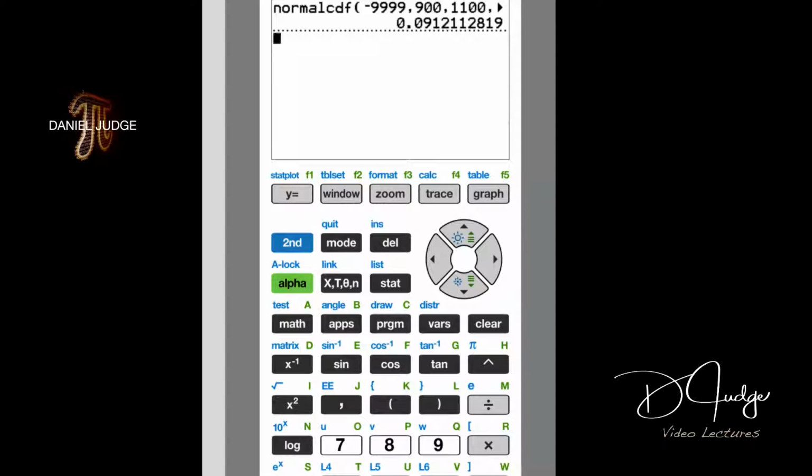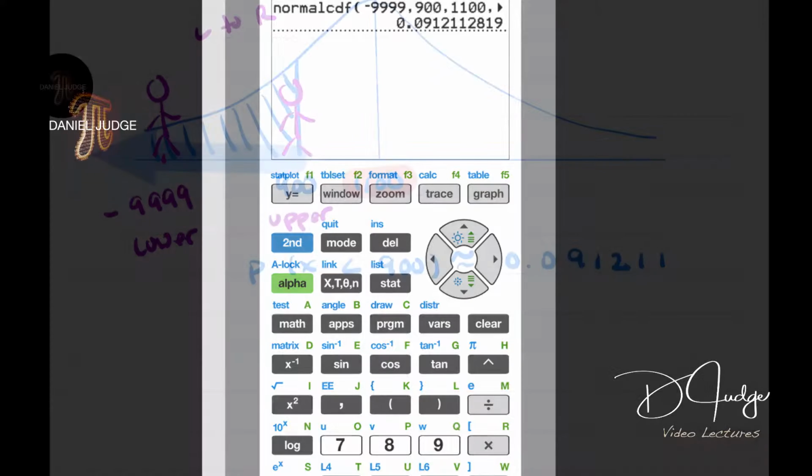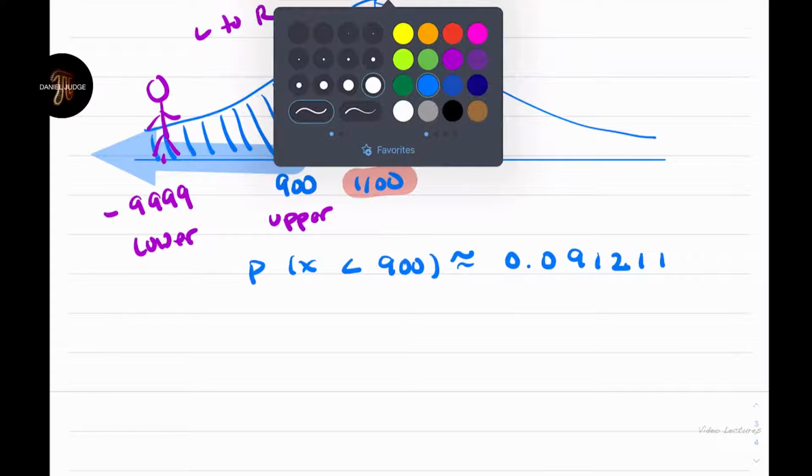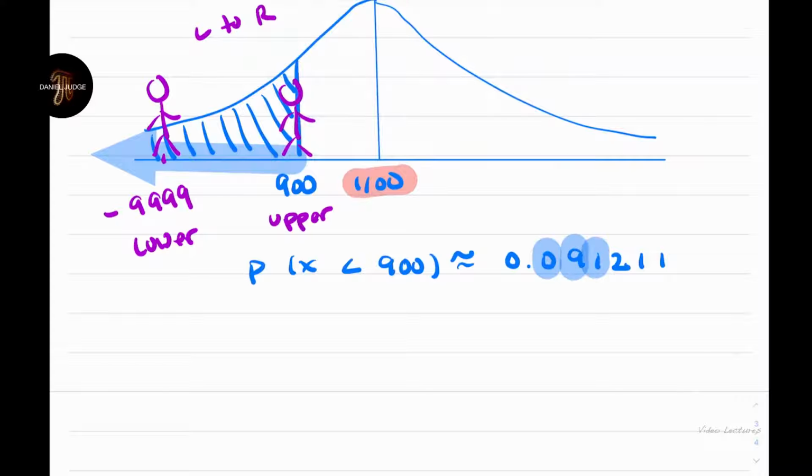Okay? So let me again write this down. Let's write this down to the nearest 10 thousandths. 0.091211. And let's see in the iPad here. Tenths, hundredths, thousandths, 10 thousandths. The digit to the right is a 1.